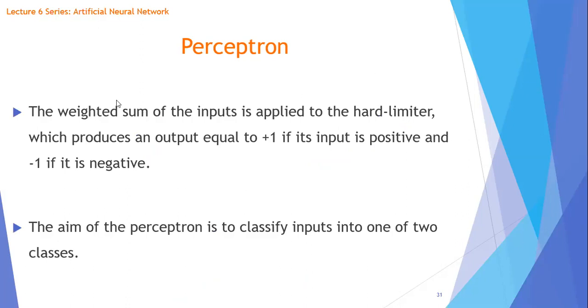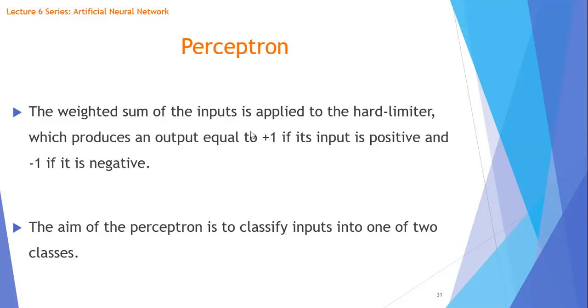Like we said, we calculate the weighted sum of inputs first and apply the hard limiter function, which produces an output equal to +1 if this input is positive and -1 if it is negative. So here you're using a sign activation function, as you can see here, and we compare with the threshold theta. If your capital X is more than or equal to theta, you produce an output of +1.